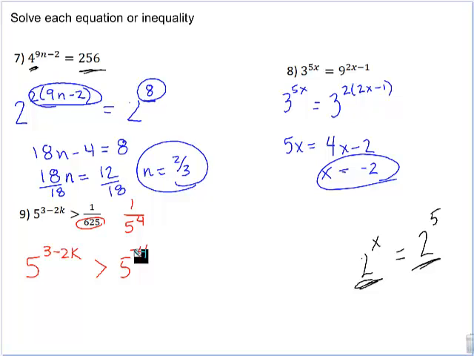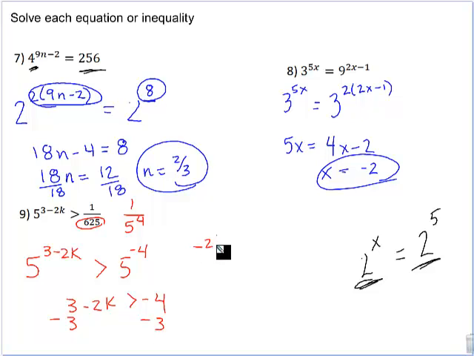Now what equation could we make here to solve this? 3 minus 2k is greater than negative 4. What would we do to solve? Subtract the 3 over.